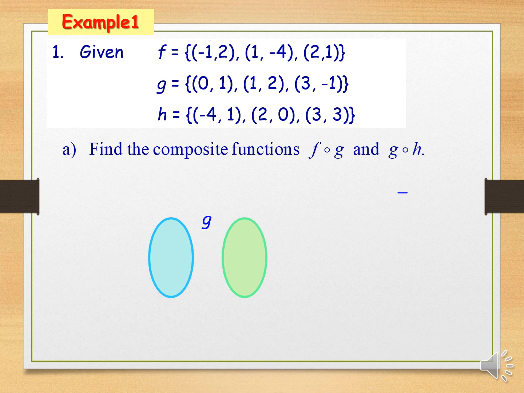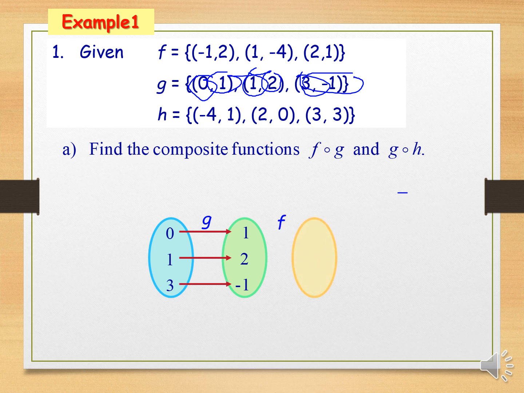By representing g in an arrow diagram, g has domain 0, 1, 3 and the range is 1, 2, -1. 0 is mapped to 1, 1 is mapped to 2, 3 is mapped to -1 by function g.